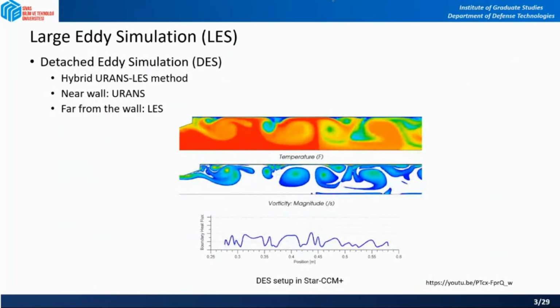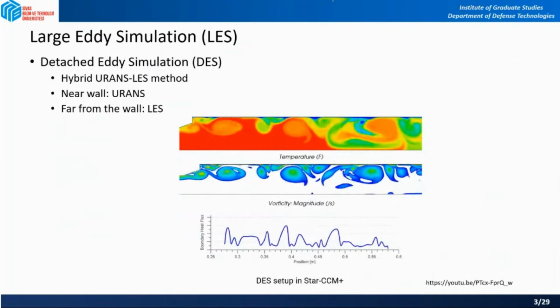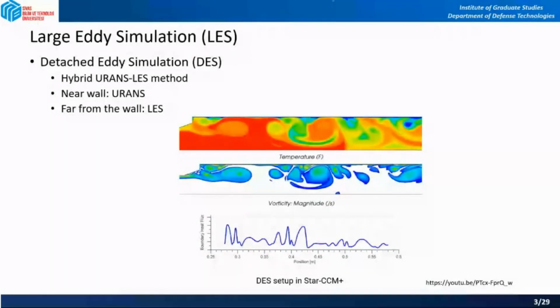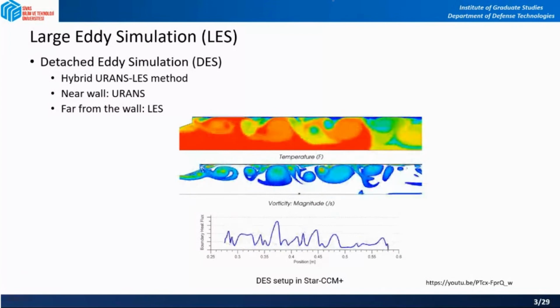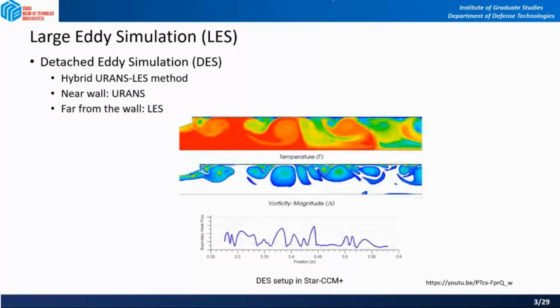And there is an intermediate region in between where the solution will be a mixed type. So when you hear detached eddy simulation, it's kind of a hybrid model, hybrid solution.